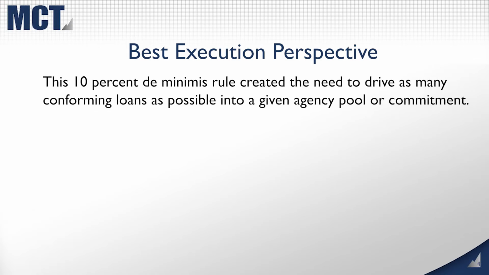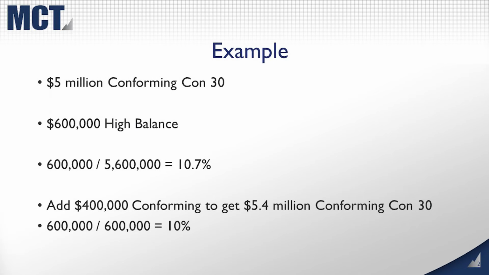From a best execution perspective, this 10% de minimis rule created the need to drive as many conforming loans as possible into a given agency pool or commitment. Using an example, if a given best execution results in a potential $5 million conforming 30-year commitment, and we have a $600,000 high balance loan, we aren't able to add this loan initially to the given commitment and still have a conforming TBA eligible pool, since the $600,000 high balance loan would make up over 10% in this example of the $5.6 million commitment.